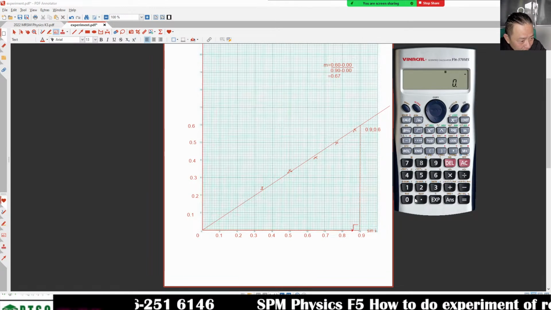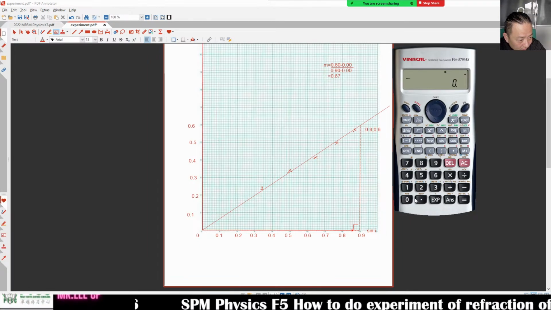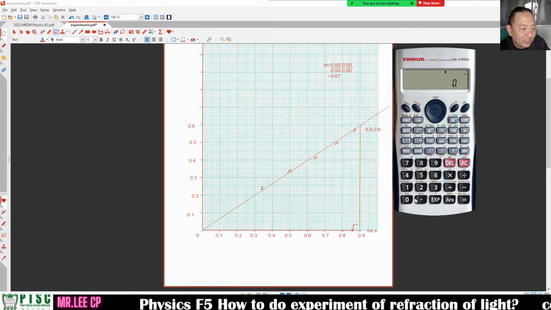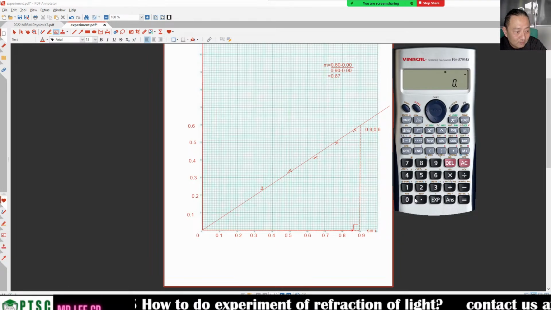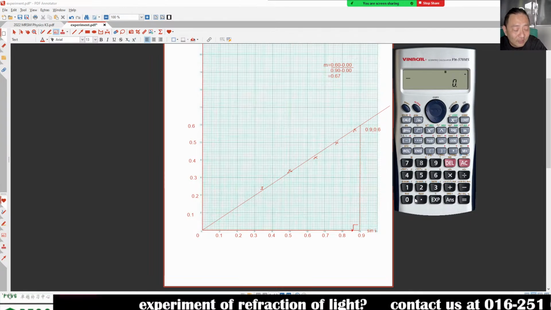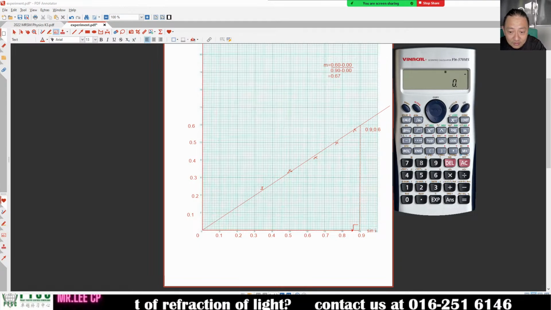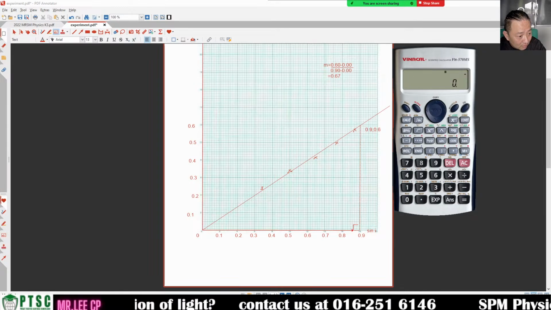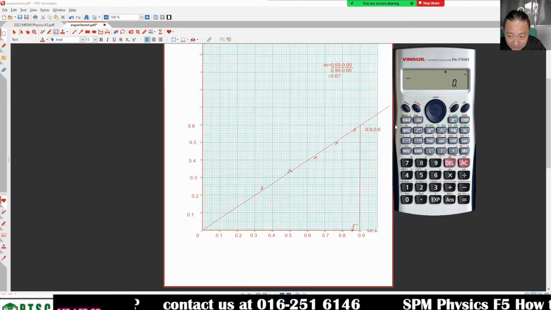Sir, my teacher say the origin coordinate is not accepted. Can you clarify? I don't understand the question. What is not accepted? Why is the origin not accepted? Your teacher said cannot go through this? Is this about this question?